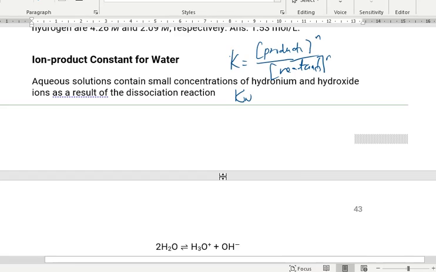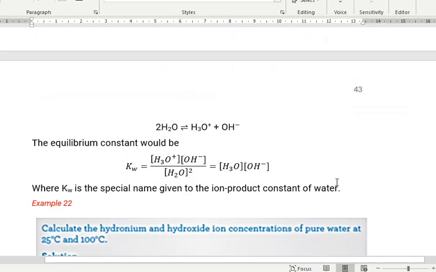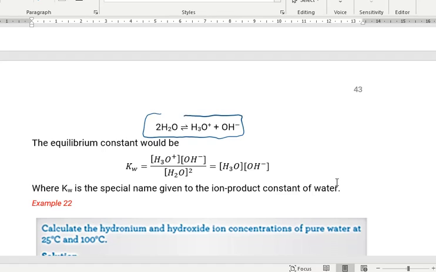So aqueous solutions contain small concentrations of hydronium and hydroxide ions as a result of this reaction. Okay? So some books class would use this equation. It's just 1 mole of water to form hydrogen ion and hydroxide ion. Okay, so that is still correct.